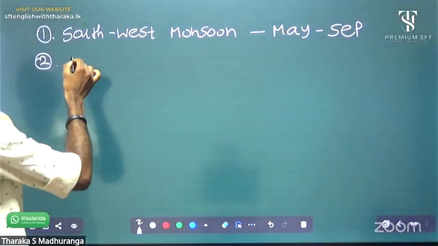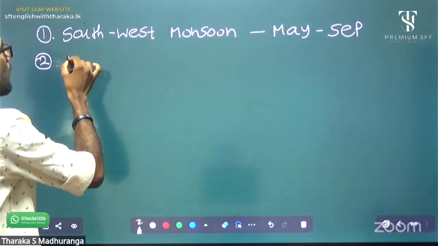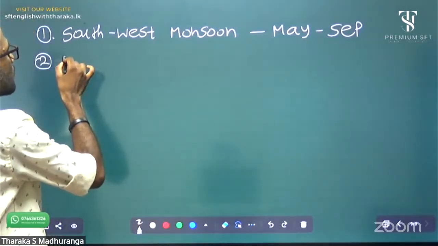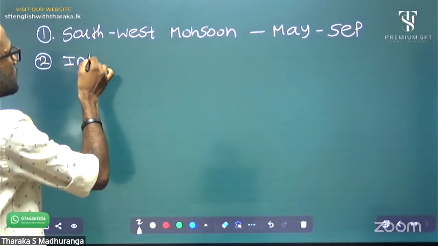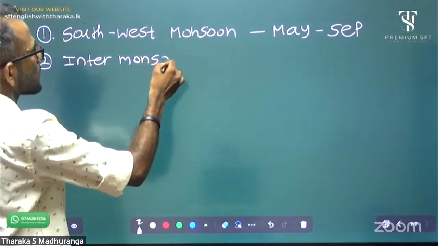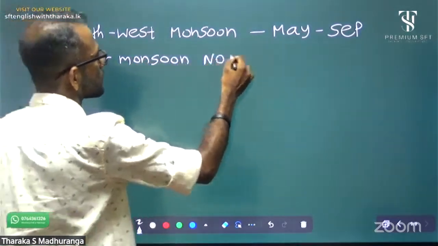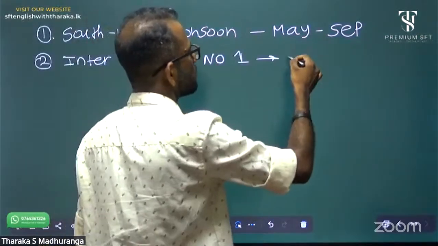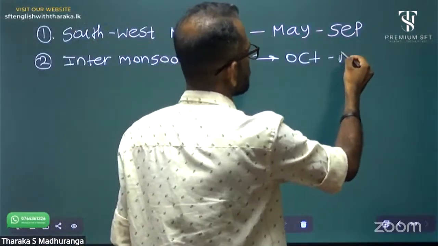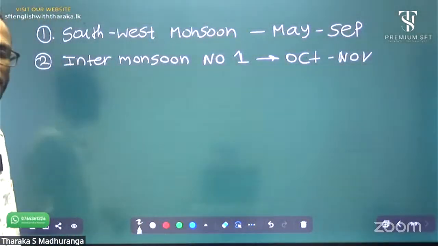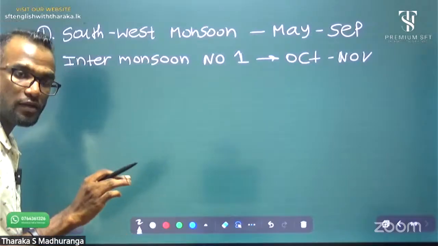The second one, intermonsoon number 1. Intermonsoon number 1 means October, November after September. Right?